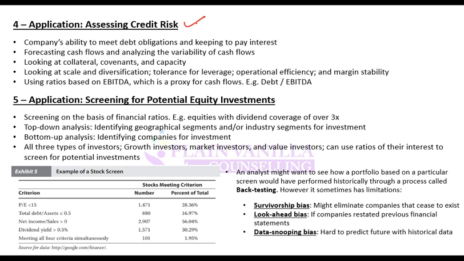Assessing credit risk, this was discussed earlier in detail as well. What is credit risk? Credit risk is the risk of default. When you are analyzing the risk of default, what do you look at? Key aspects to look at are liquidity and solvency. So you are more interested in position.